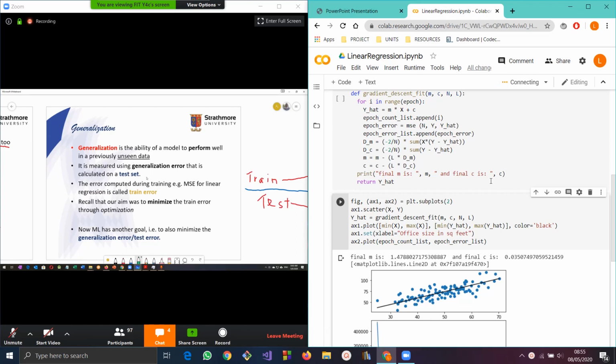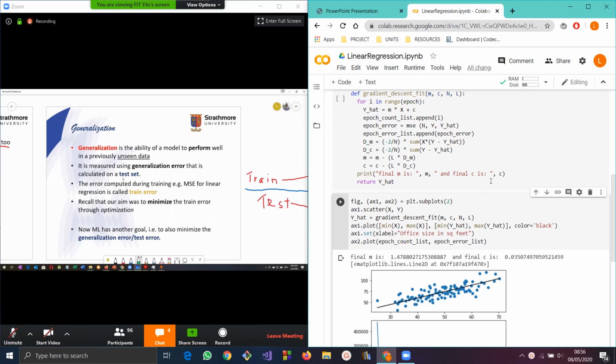There are two types of errors that we are going to introduce. Generalization is measured using the test error, or what we call the generalization error, that is calculated on the test set.